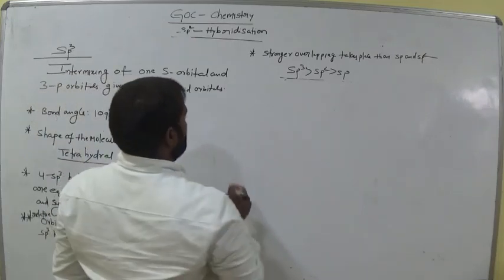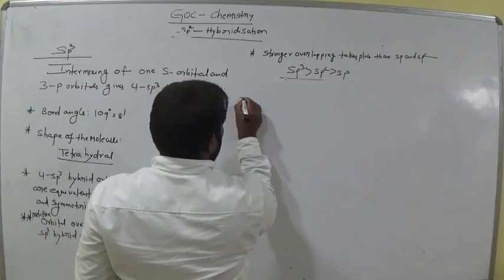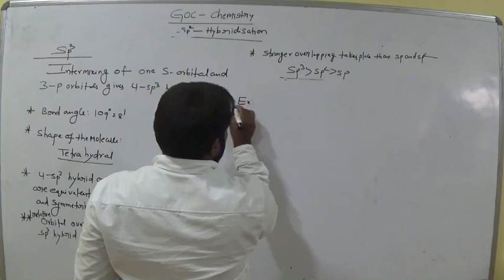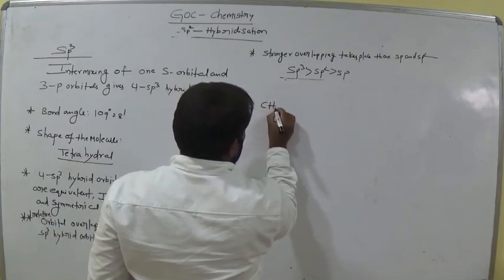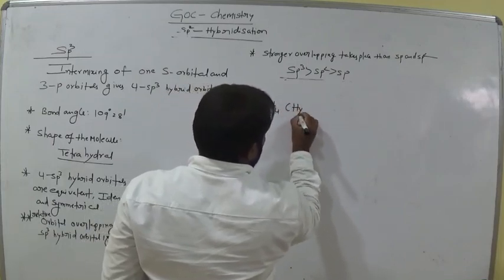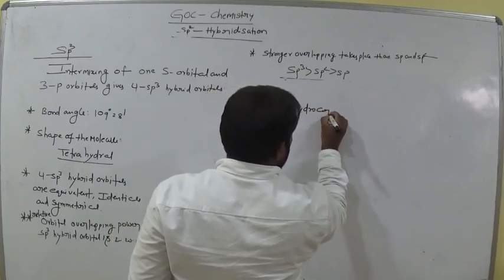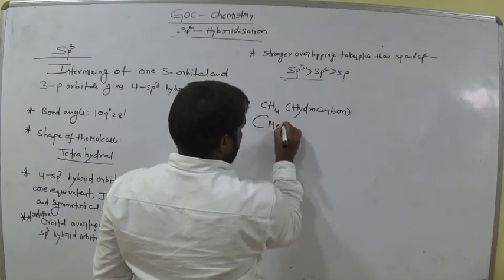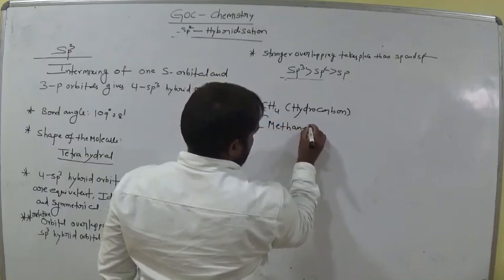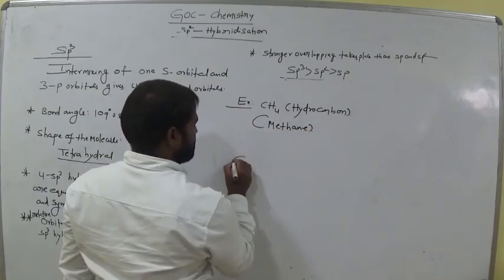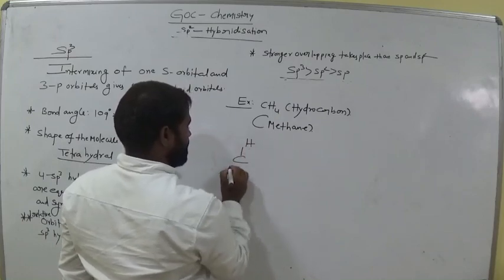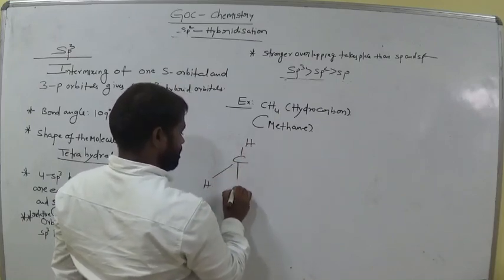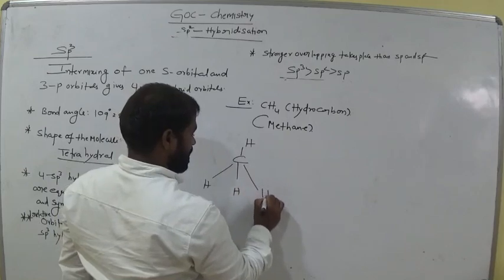Now take the example CH4, a hydrocarbon. This name is methane. The structure is carbon with four hydrogens.